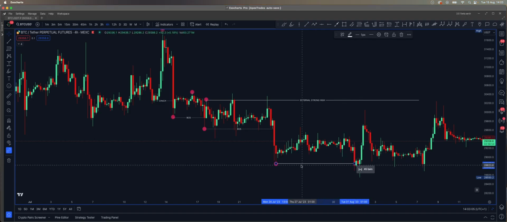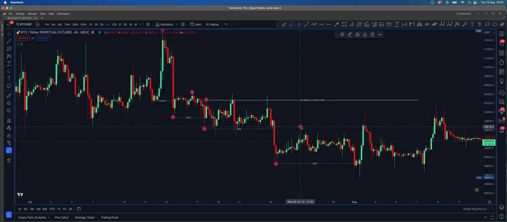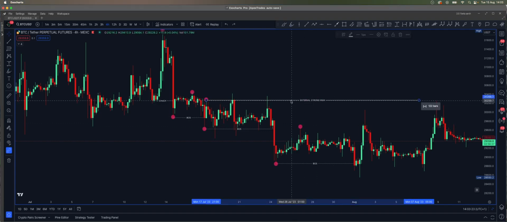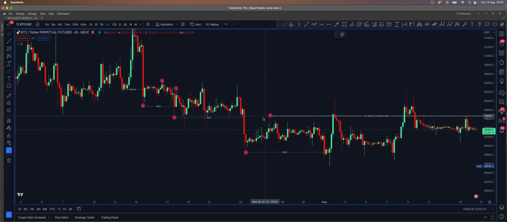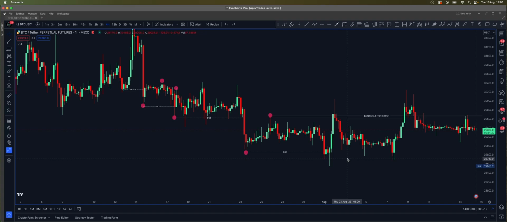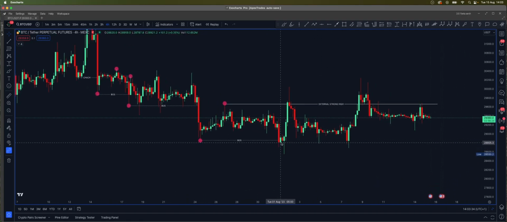There, and then what happens? That becomes a break of structure. Where's our high point within all of this? It's here. So mark it on the chart, and we bring that there. This becomes our new traded range. So then what happens? It goes to here.